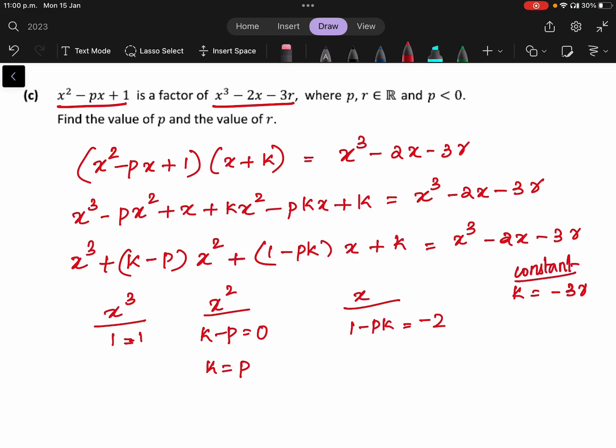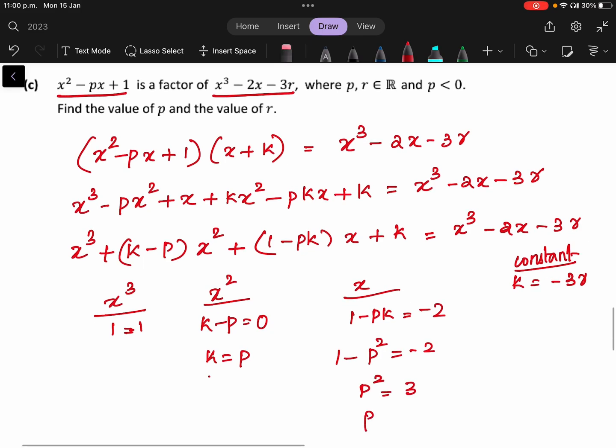So with this k is equal to p, what I can do is 1 minus p square is equal to minus 2, or p square is equal to 3, or p is equal to square root of 3. Okay, square root of 3, which should be minus, because they have mentioned that p is less than 0.